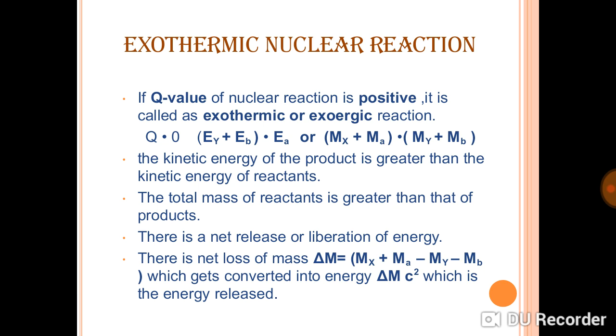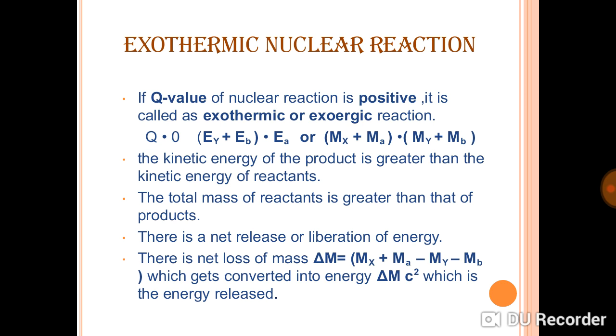Here, Q is greater than 0, Ey plus Eb is greater than Ea, or Mx plus Ma is greater than My plus Mb. The kinetic energy of the products is greater than that of the reactants. Also, the total mass of reactants is greater than that of the products. There is a net release or liberation of energy.